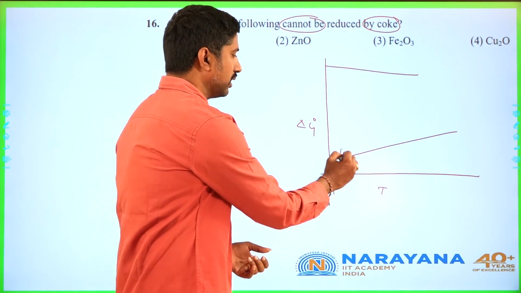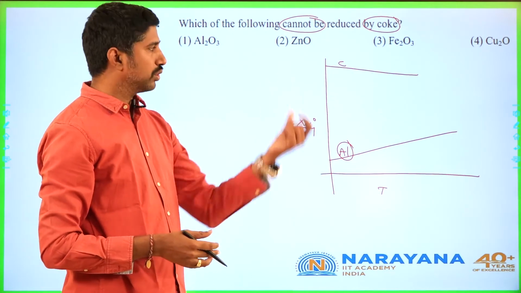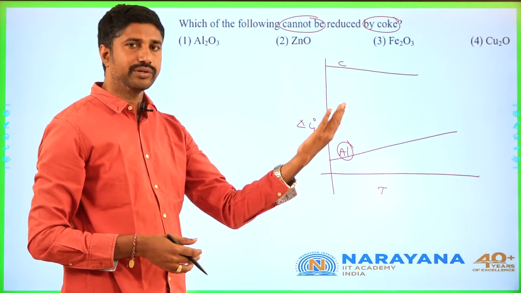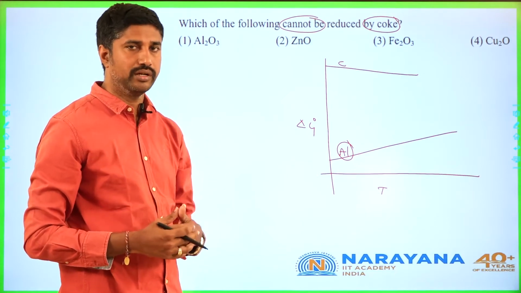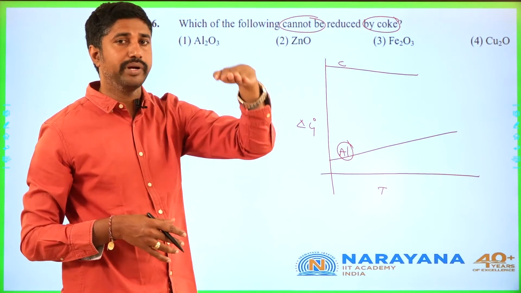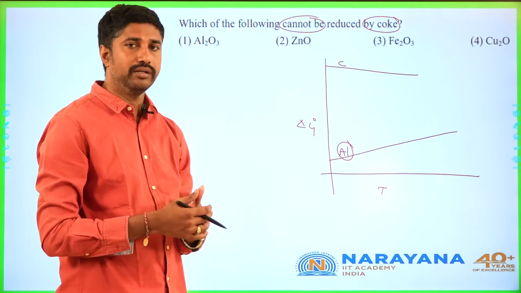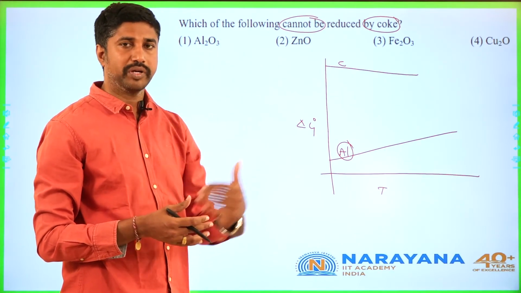This is the graph representing aluminum and this is the graph representing carbon. So for upper elements like zinc oxide, copper oxide, or silver oxide, if the carbon graph can intersect the oxide graph of a metal, those metals can be reduced by carbon.